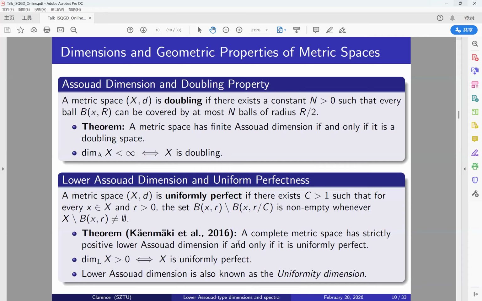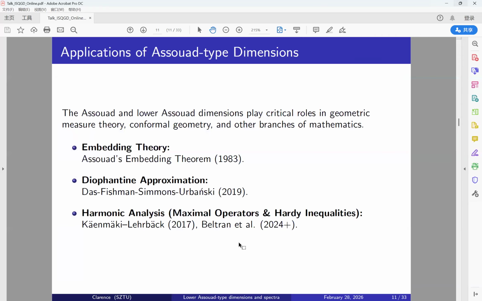If you have any ball and erase a smaller ball, for example one third or one ninth, you can see the region still has some points of the ternary Cantor set instead of being empty. The lower Assouad dimension is based on these properties; it is also known as the uniformity dimension.